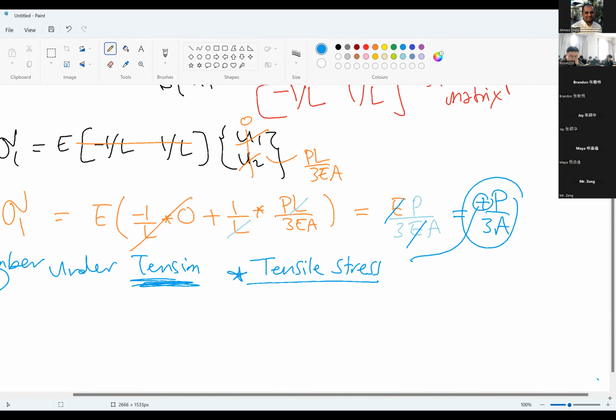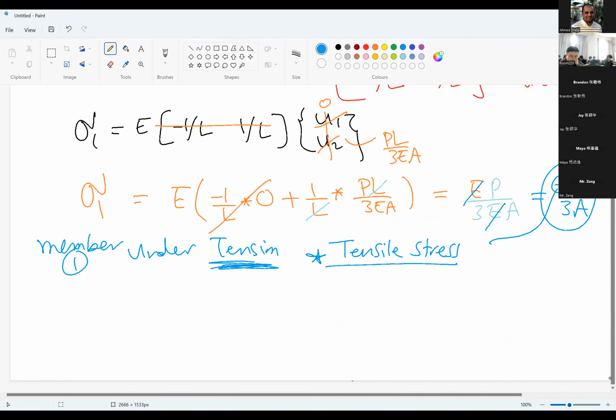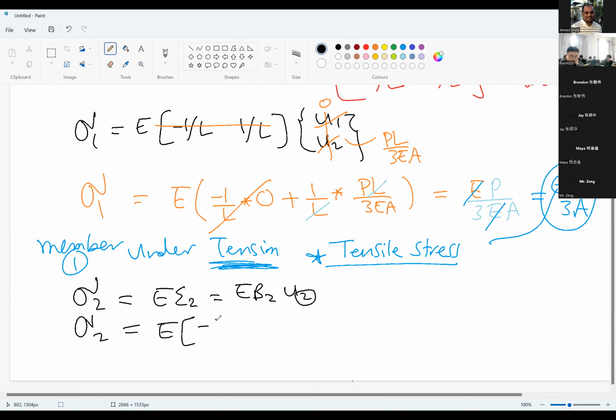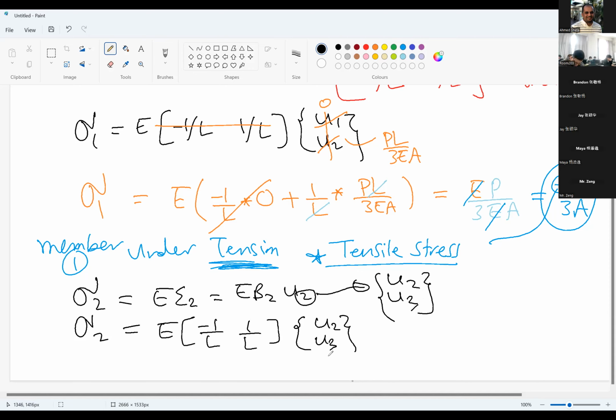For member 2, sigma 2, what is the difference between sigma 1 and sigma 2? The general equation is E epsilon 2, which will be E B2 U2, the displacement of member 2. So sigma 2 will be E times negative 1 by L, 1 by L, times the displacement of member 2, which are U2 and U3.